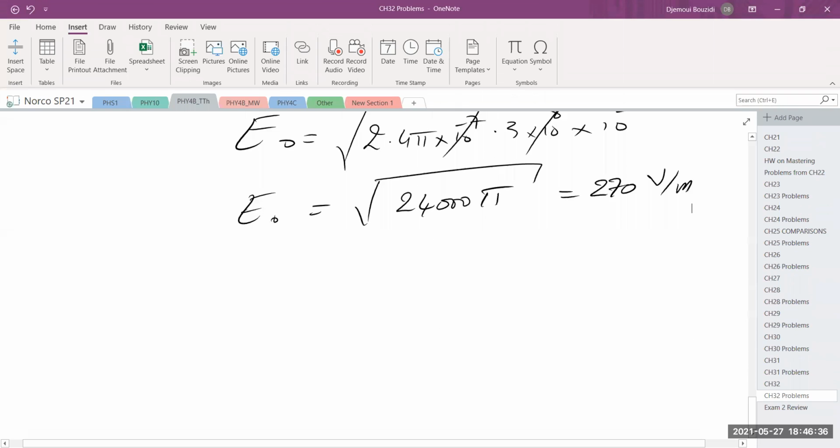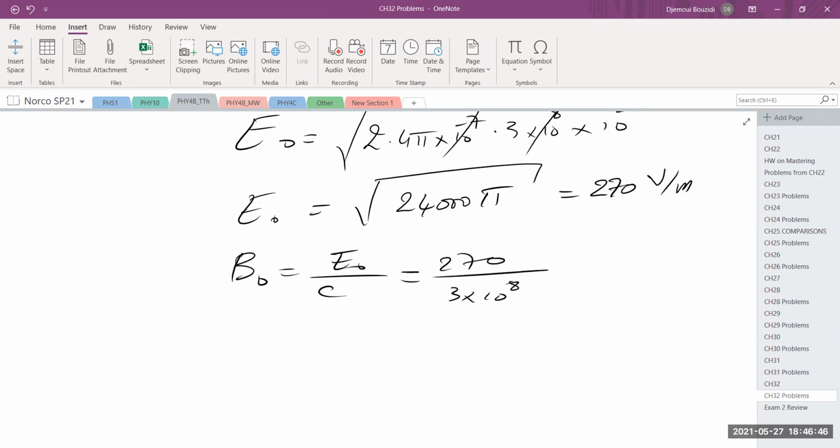Obviously, from here, I can find what B naught is because they want also B naught, which is E naught over C. And that is 270 divided by 3 times 10 to the power 8. And you should be able to find what that ratio is.